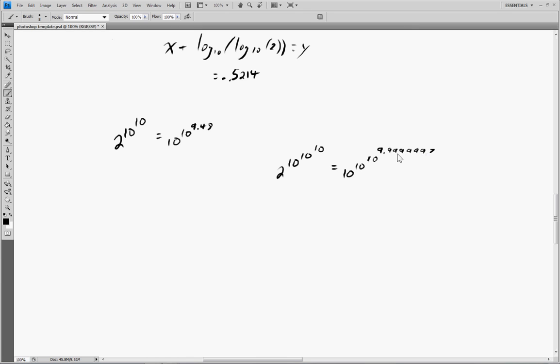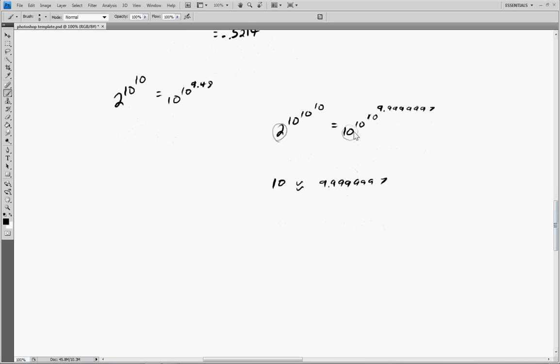So this is a very, very interesting property of exponentials, because you can pretty much change the base here into a 10 with virtually no consequence to the number, because for all intents and purposes, 10 is the same as 9.9999997.